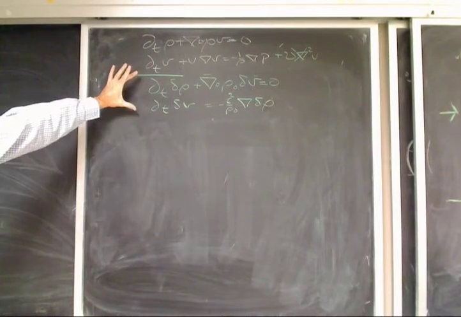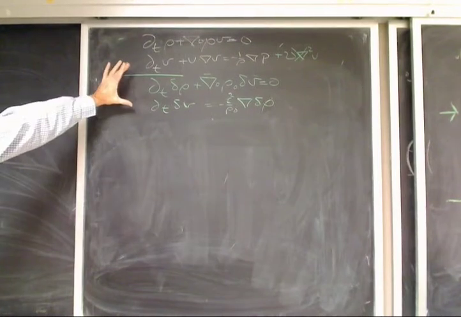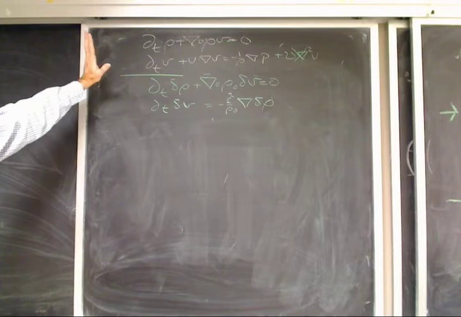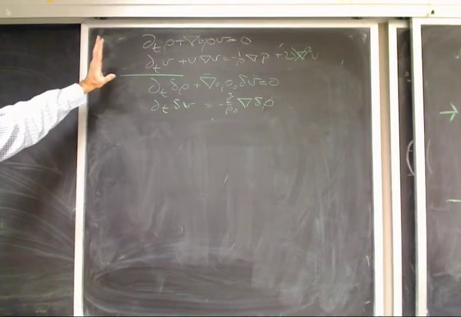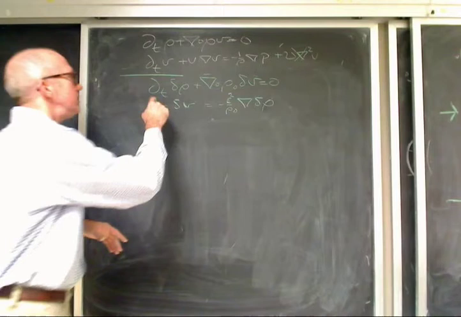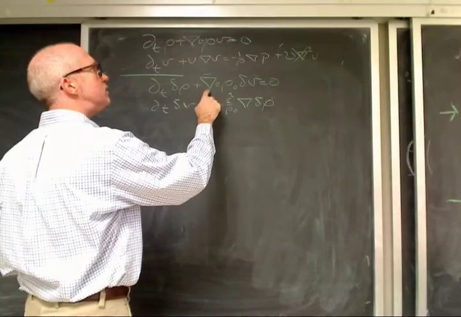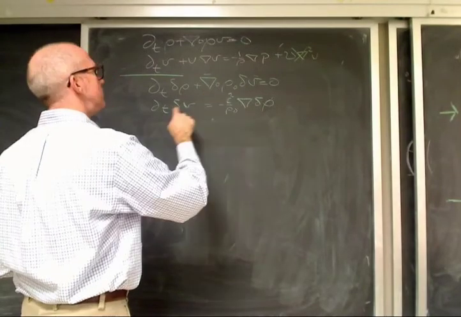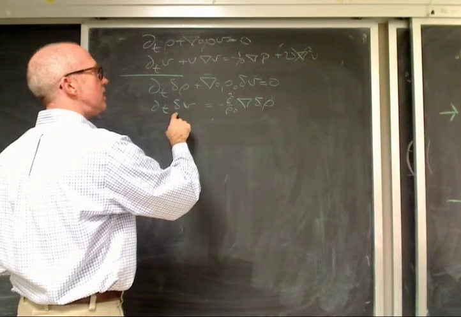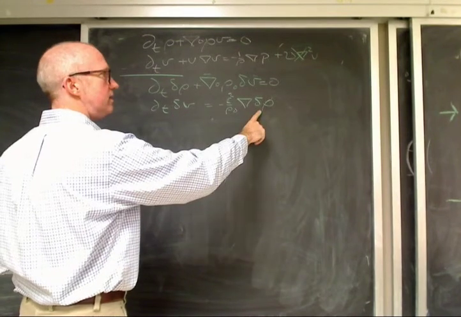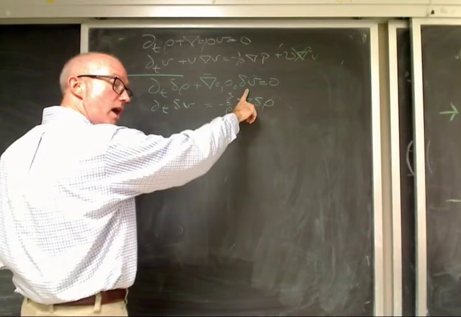Now I've got two equations and two unknowns. So we'll get rid of one of the equations. So I've got time on density, space on density and velocity, time on velocity, space on density. Let's get rid of velocity.